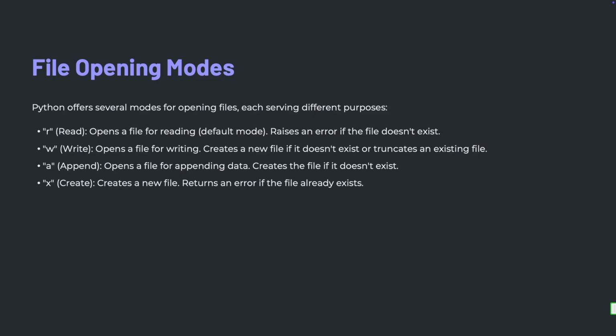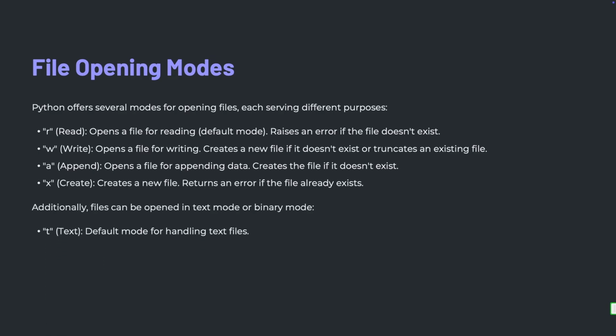Okay, so that's the lowdown on the main file modes. Now, our guide also mentions these things called text and binary modes. What are those, and when do we need to think about them? By default, when you open a file in Python, it assumes you're working with a text file. That's represented by the T mode, although you often don't even need to type it out explicitly because it's the default. In text mode, Python helps you out with things like how characters are encoded and how lines end.